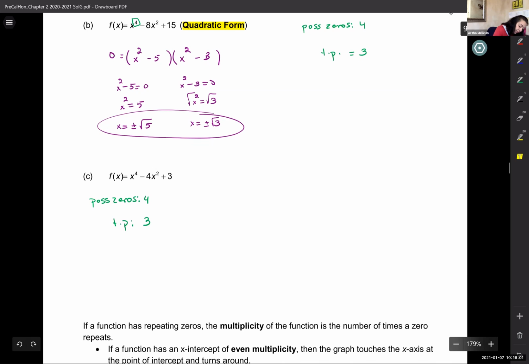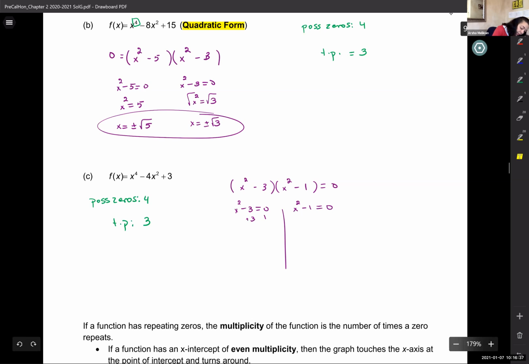Okay, let's factor this guy. Quadratic form again. x squared, right? How do we factor this? Does that work? Yeah. And same thing, x squared minus 3 equal to 0. x squared minus 1 equal to 0.